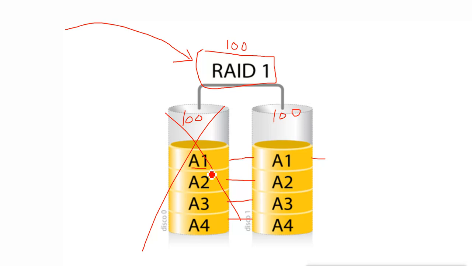Suppose I have a database and I want to store it in RAID level 1 because the database is important for me. For 10 TB of data, I need 20 TB of disk. It is costly also.